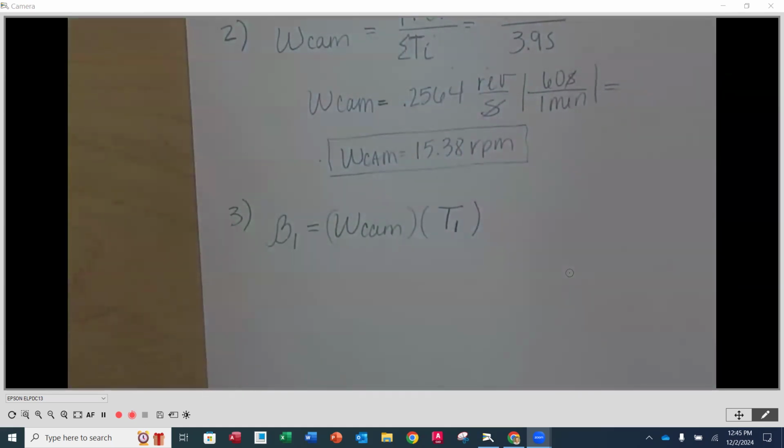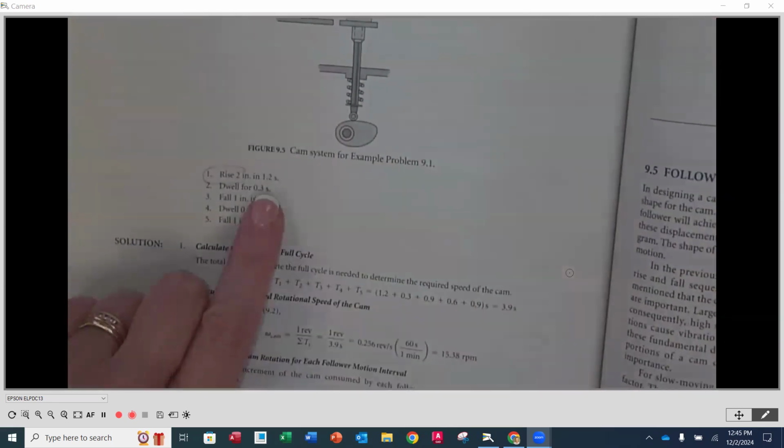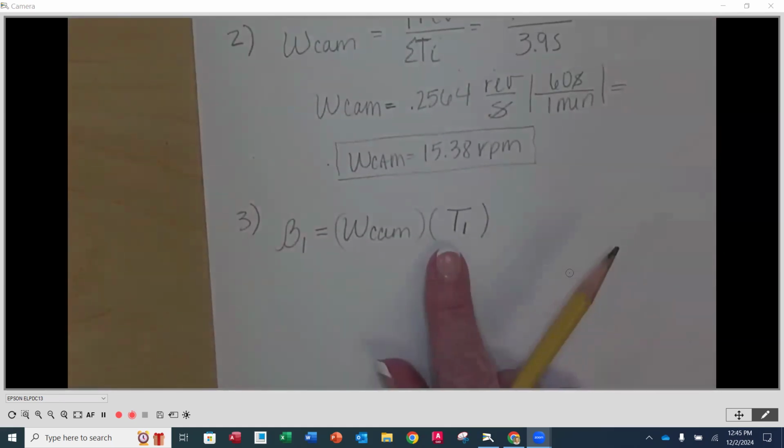Now, if I look at the time for step number 1, if I go back over here, my T1 was 1.2 seconds, right?